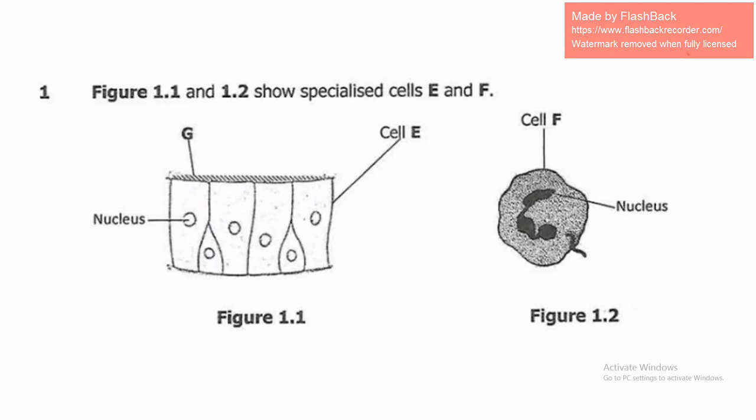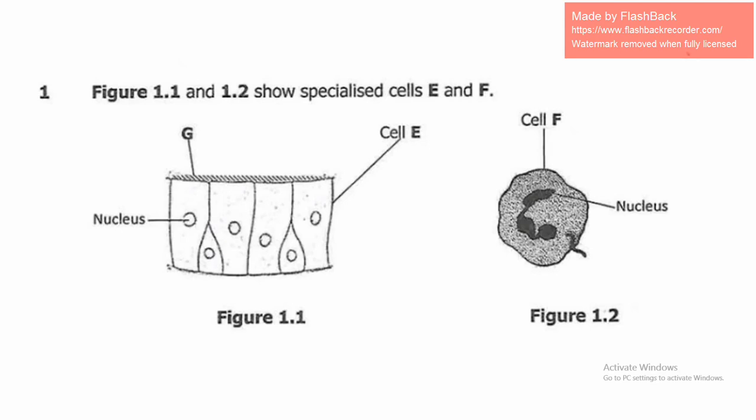A cell will undergo 3 stages. The first one we call cell division. Cell division is a stage at which cells actively divide. Then the second stage is cell elongation. Cell elongation is a stage where cells absorb a lot of water in their vacuole and increase in size.